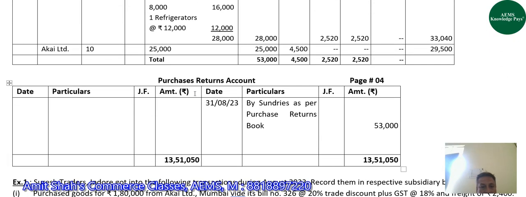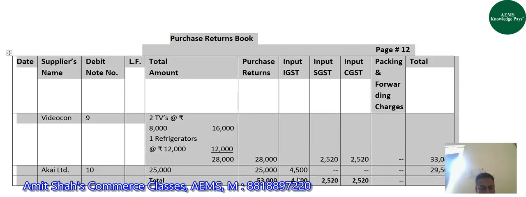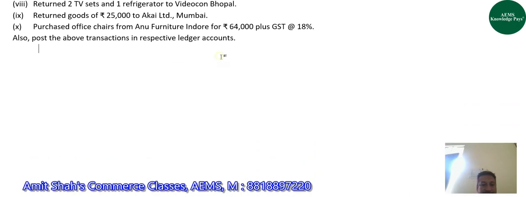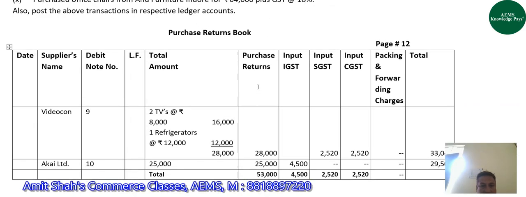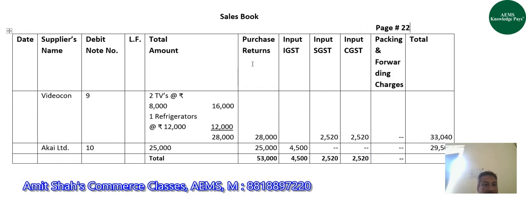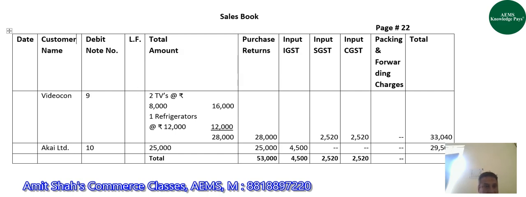Sales book. Sales book and purchase book or purchase return books has not much difference, guys. So I'm making here the format of sales book. Here we will have, instead of supplier's name, we will have customer's name.